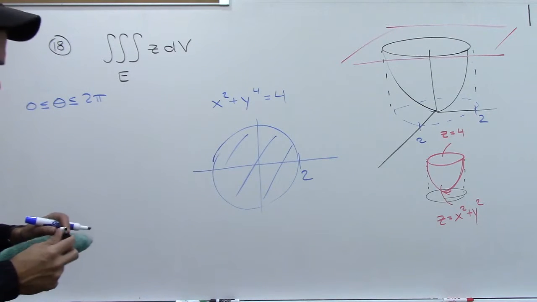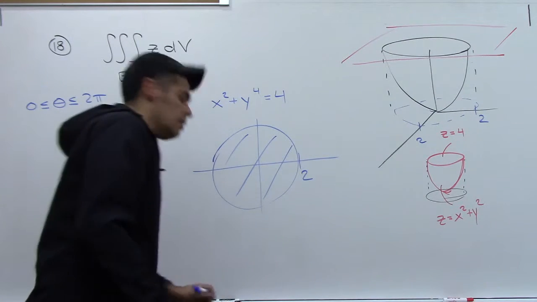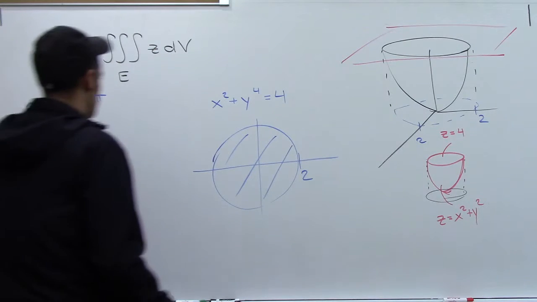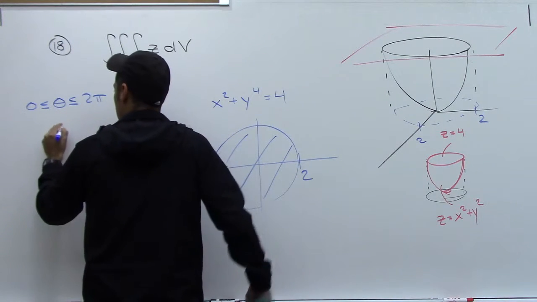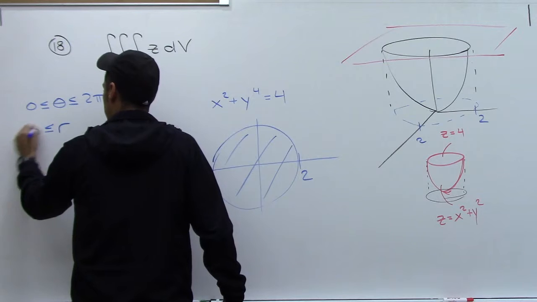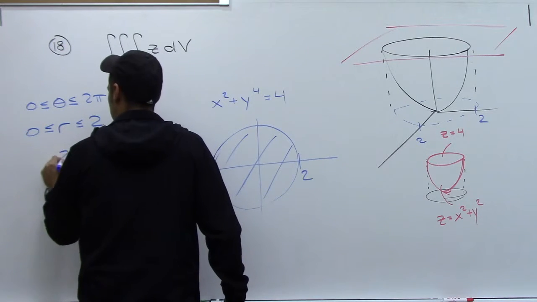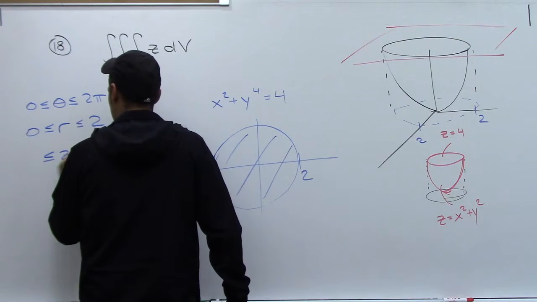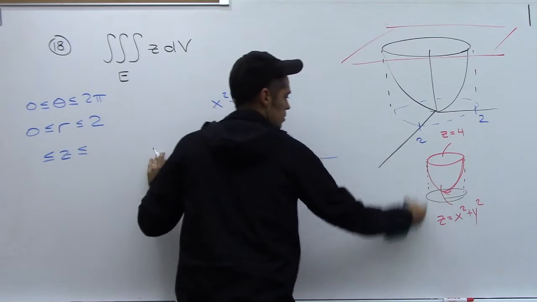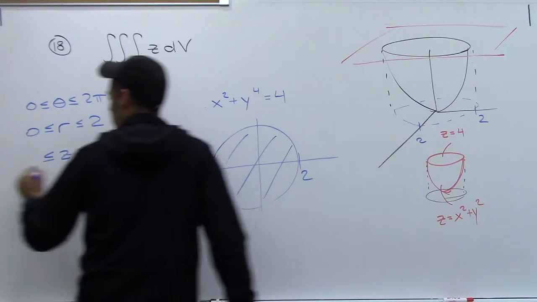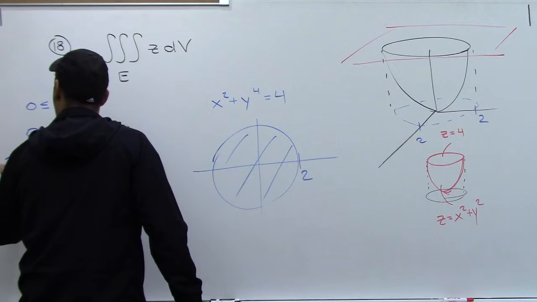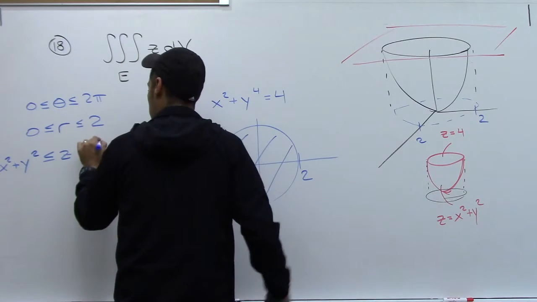All right, continuing on here, I have my restriction on theta, 0 to 2 pi. My radius is bounded between 0 and 2, and my z-coordinate is bounded between these two. So the bottom one is x squared plus y squared, and the top is 4.